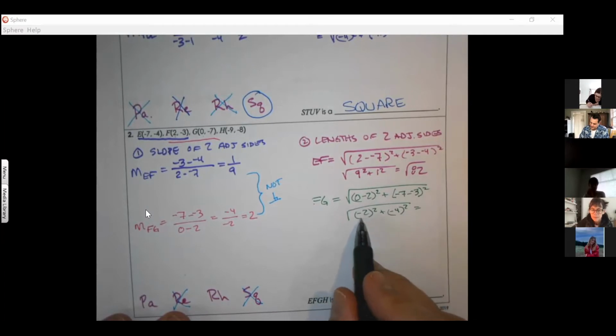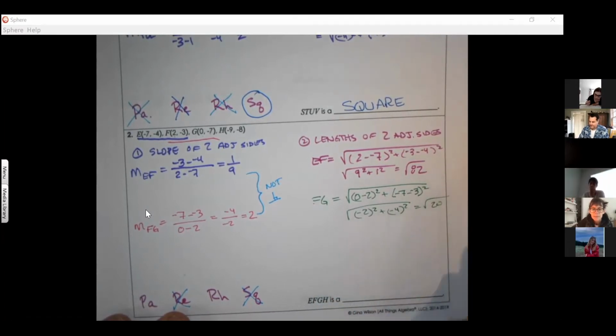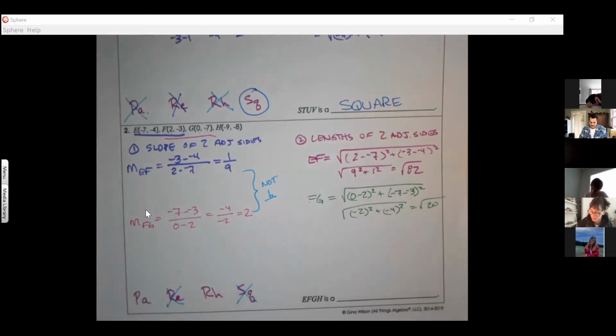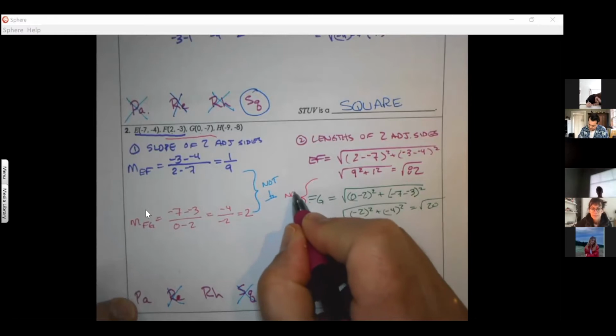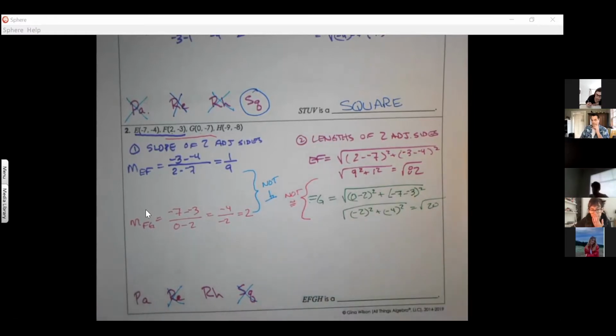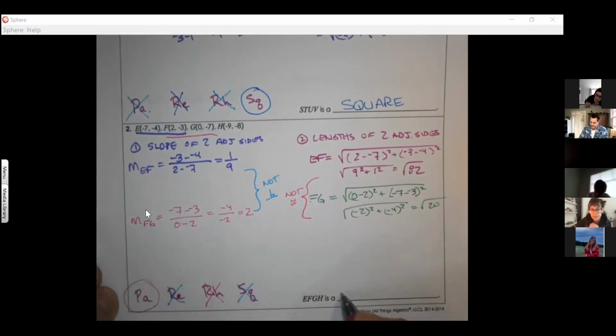So that's 4 plus 16 is 20, square root of 20. Interesting. So those are not congruent. So if they're not congruent, then it's not a square, it's not a rhombus. Leaving me with only one possibility. This must be a parallelogram.